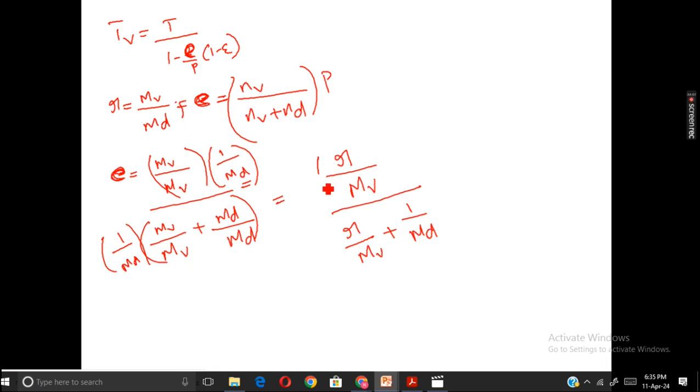It will become like this. Now again to simplify, we multiply into P. P is also there. So we are representing E in terms of P.